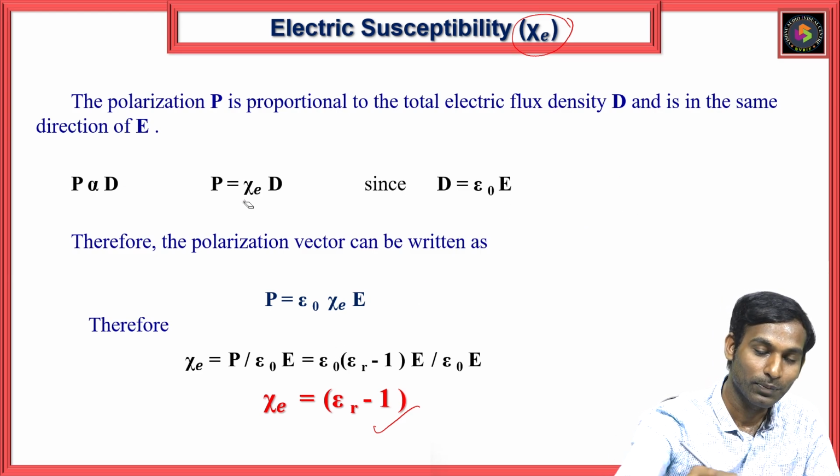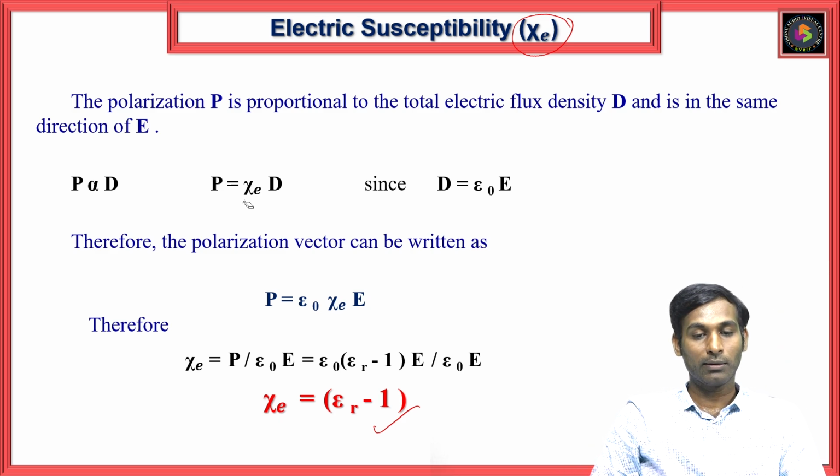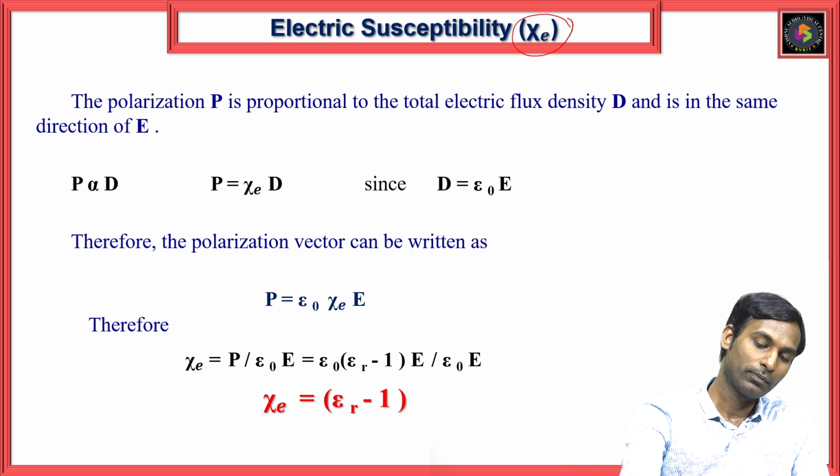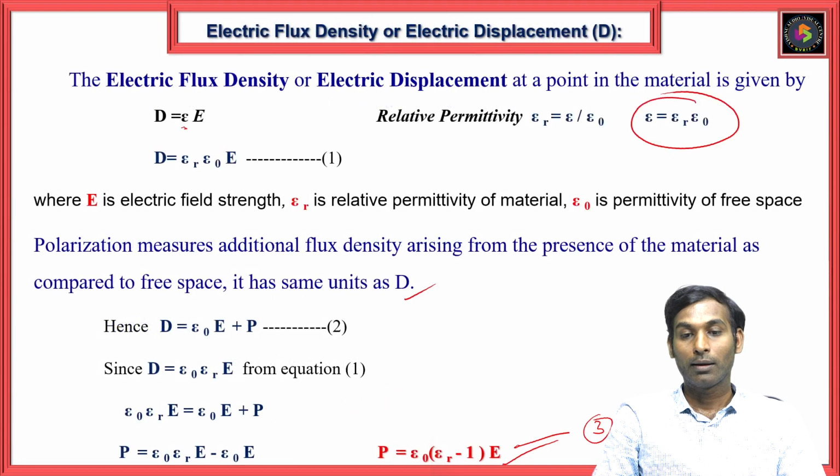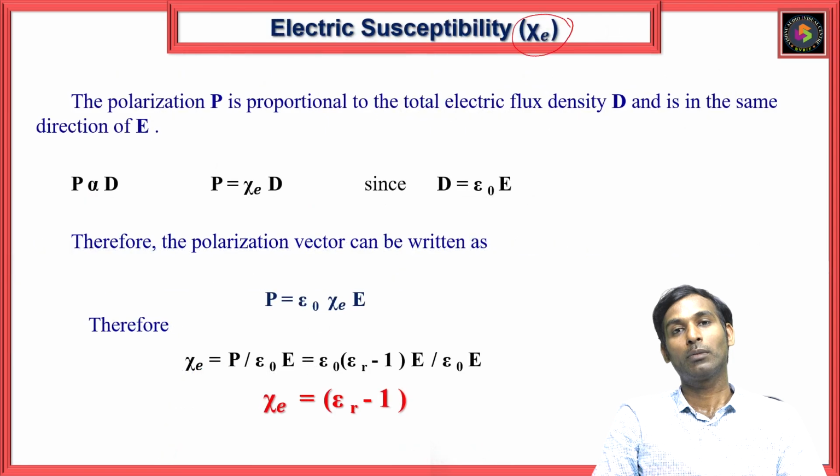This is the fundamental definition for the electric susceptibility, dielectric constant, electric displacement, flux density, polarizability, and relative permittivity.